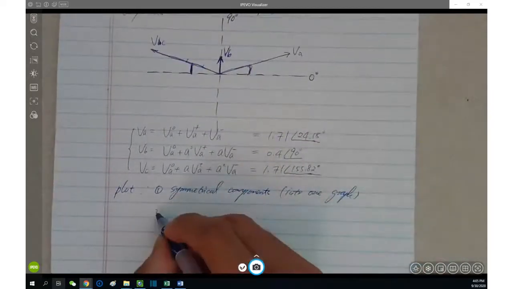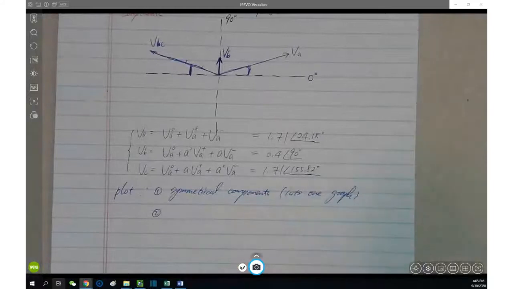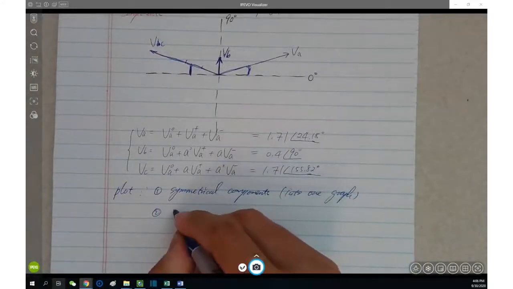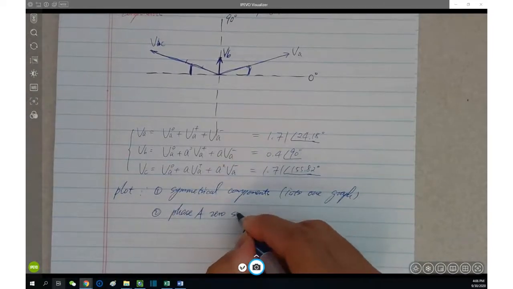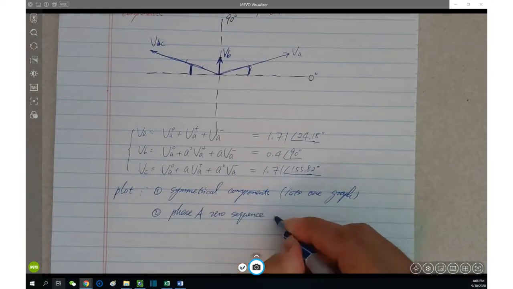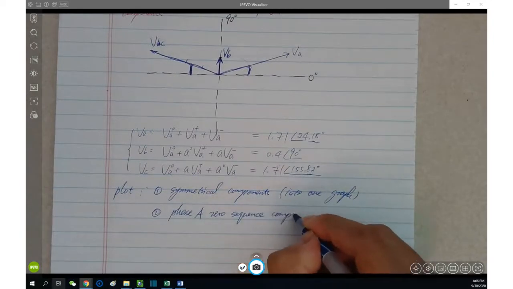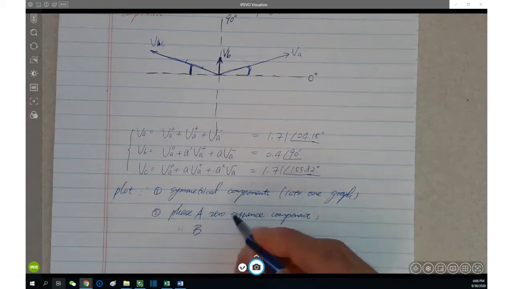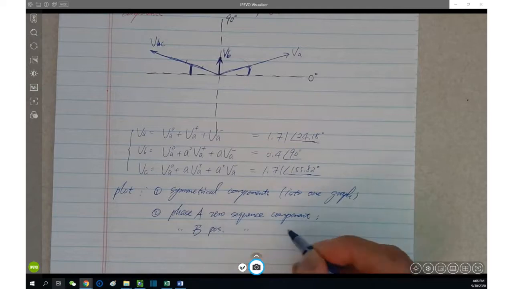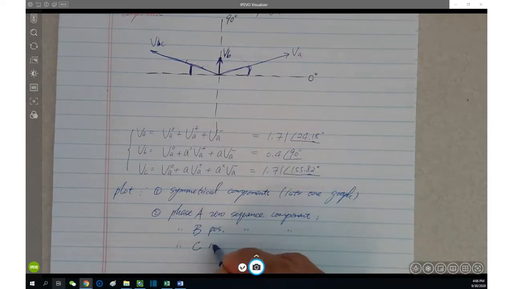Second, plot different components. Plot phase A zero sequence component, phase B positive sequence, and phase C negative sequence.